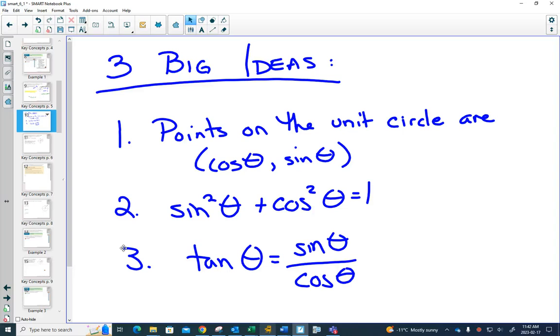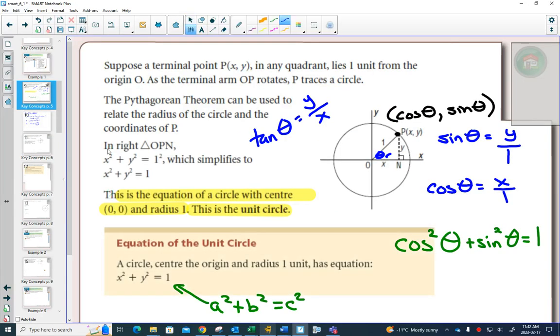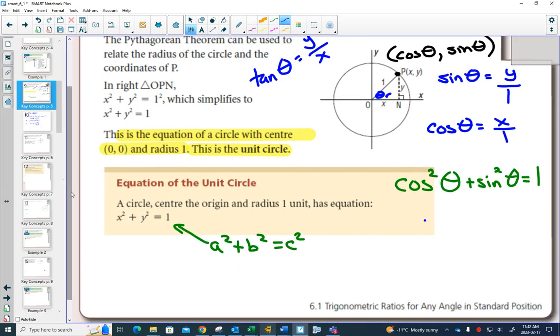How powerful are these big ideas? Well, these big ideas explain the CAST rule. You learned the CAST rule in grade 11? Do you remember the CAST rule says where things are positive? Here's a quick review of your CAST rule.